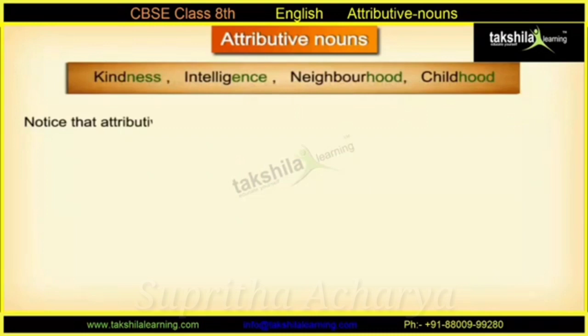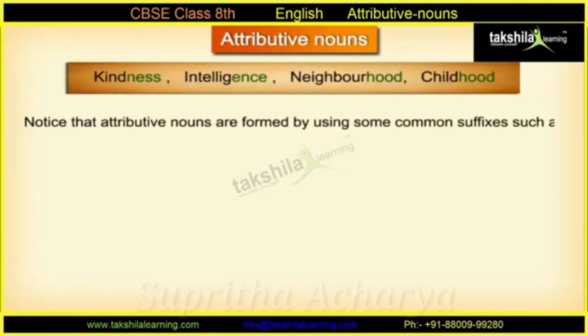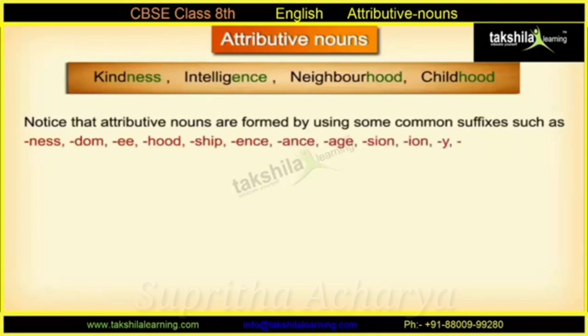Notice that attributive nouns are formed by using some common suffixes such as ness, dom, hood, ship, ance, ence, age, tion, and so on.